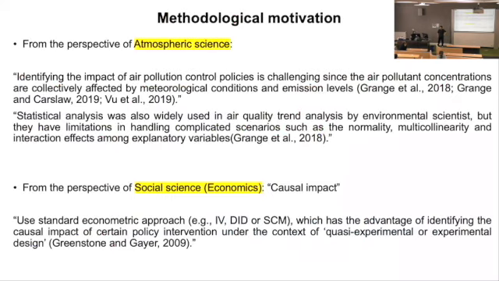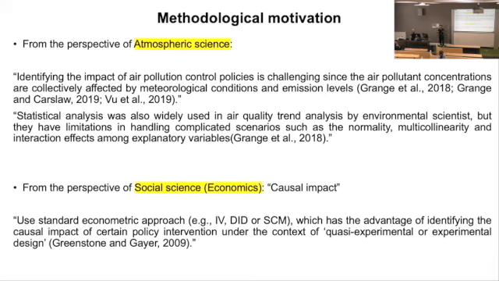Our methodology motivation first is that, from the atmospheric science perspective, understanding the effectiveness of air pollution control policy is challenging because air pollution is directly affected by weather conditions and the emission strength.